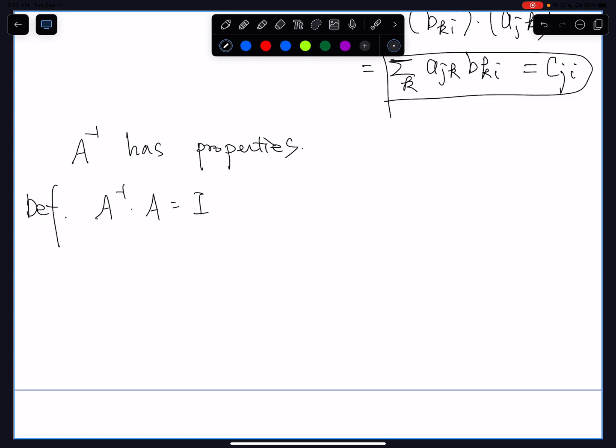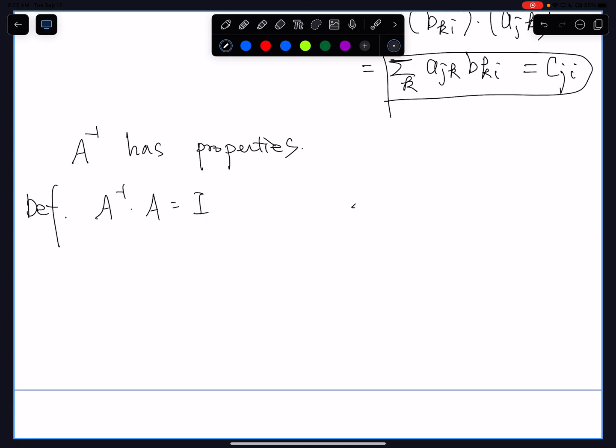So let's say this is the matrix. And so this one, I'm not asking matrix A to be a square matrix, right? So even for a non-square matrix, we can potentially define A inverse, right? See what I mean?